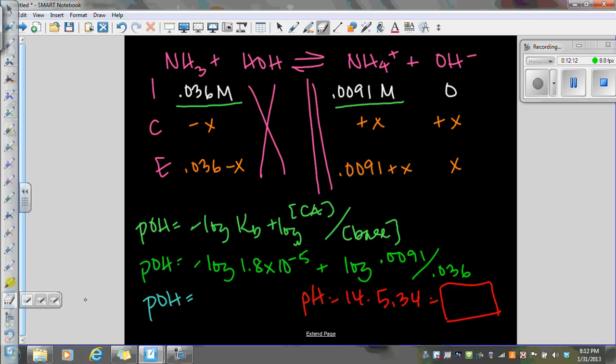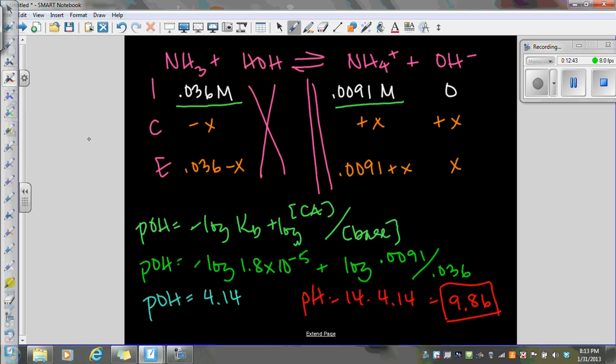So when I recalculated, I got a pOH of 4.14, which means we are taking 14 minus 4.14, which gives us a pH of 9.86, and that is much more reasonable. I'm sorry you had to watch me correct that.